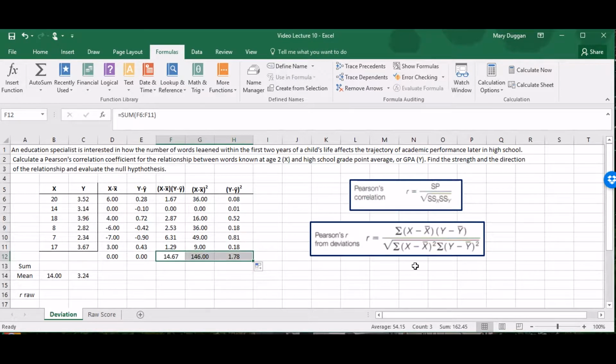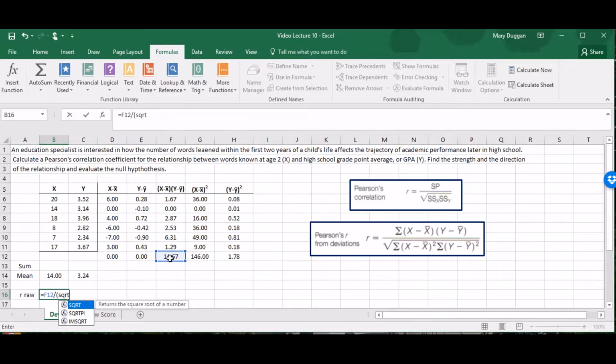So I'm going to look at this formula right here, and as you'll notice, the sum of the x deviations times the y deviations is the first part. So I will simply select that sum that we figured out. I'm going to put a division symbol. I'm going to put everything here in parentheses because I'm going to find the square root.